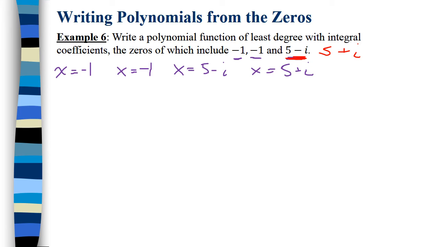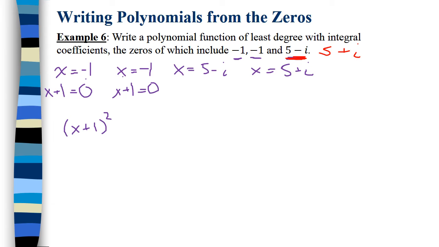Okay, so the first part is fairly straightforward. We're going to add 1 to both sides. So we have x plus 1 equals 0 is this root, and x plus 1 equals 0 is this root. So in our function, we're going to have x plus 1 squared as our first 2 factors. These take another step, but they're just as straightforward.